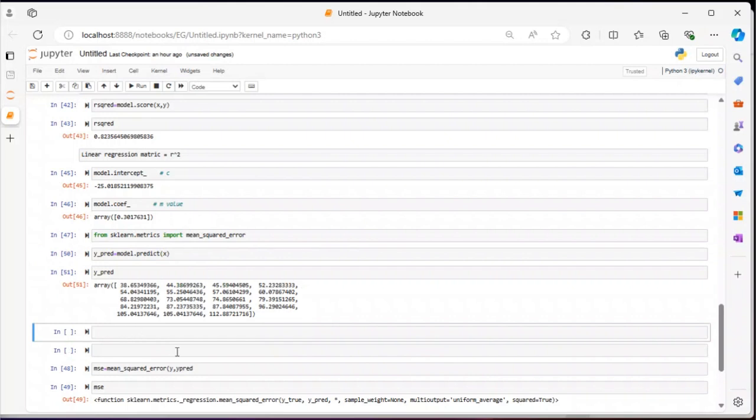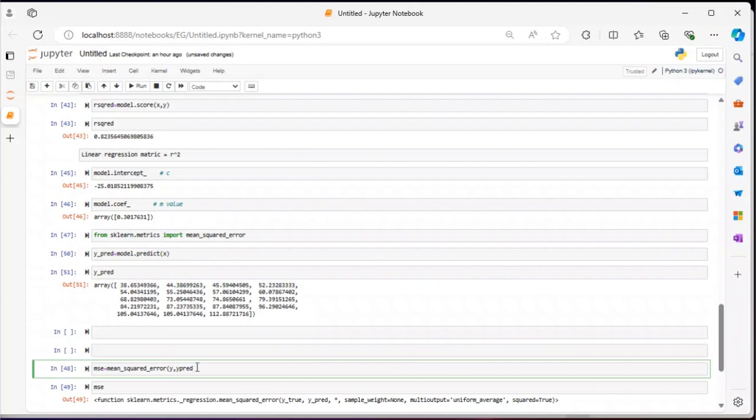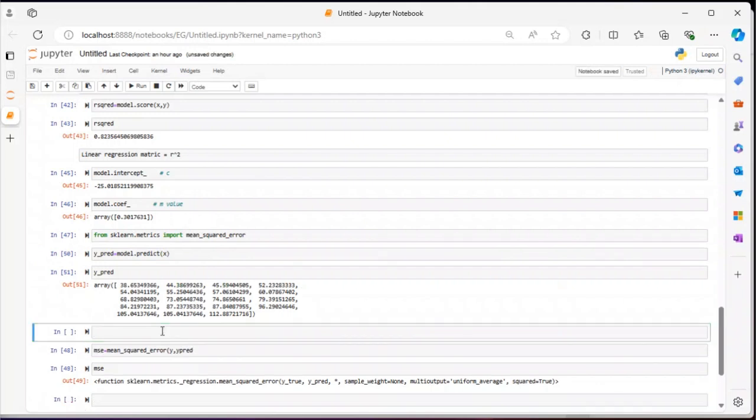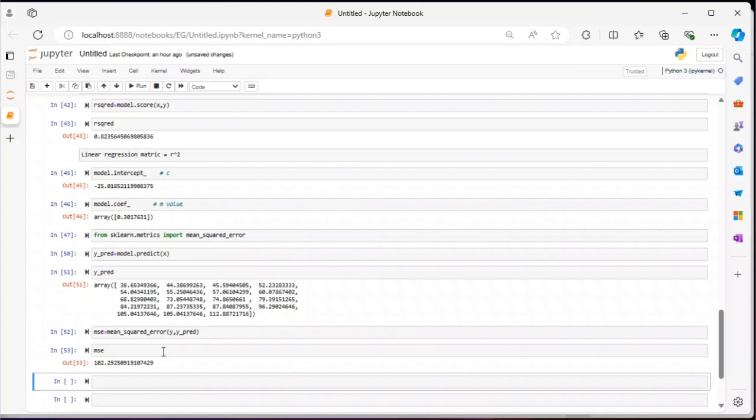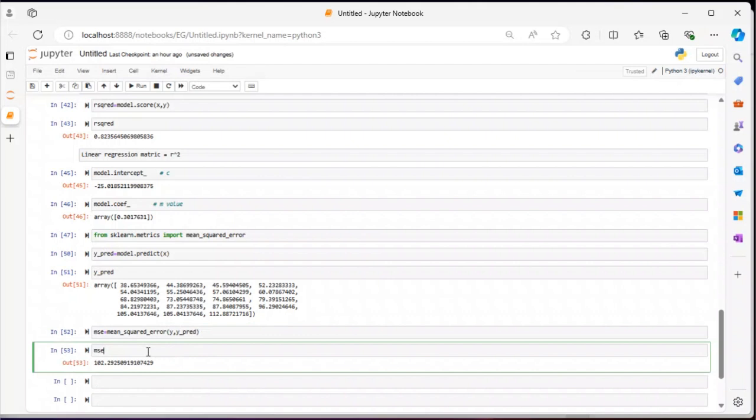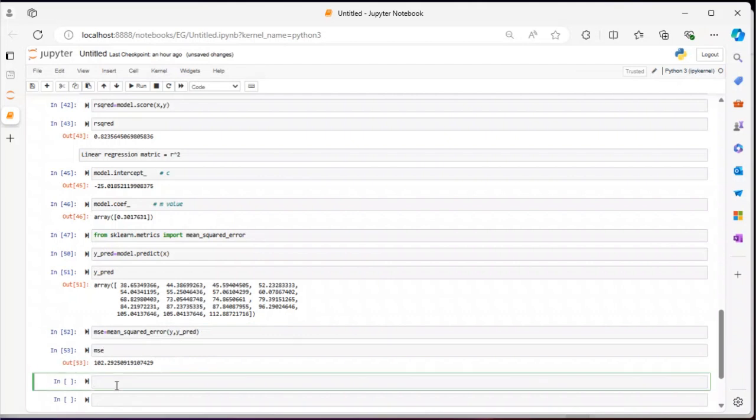These are the y predicted values. If we take the difference between y and y predicted, that is the error. So 102 is the mean squared error.